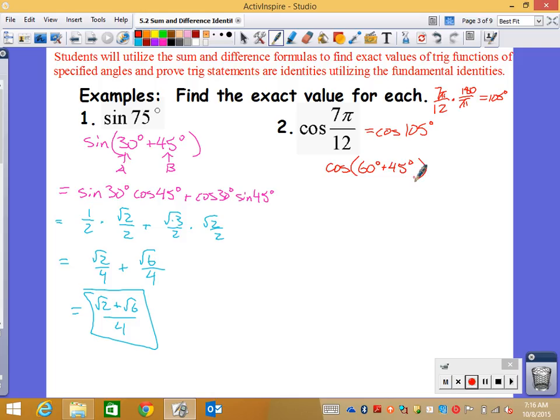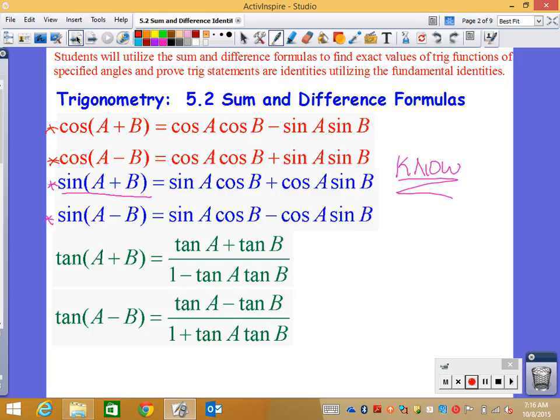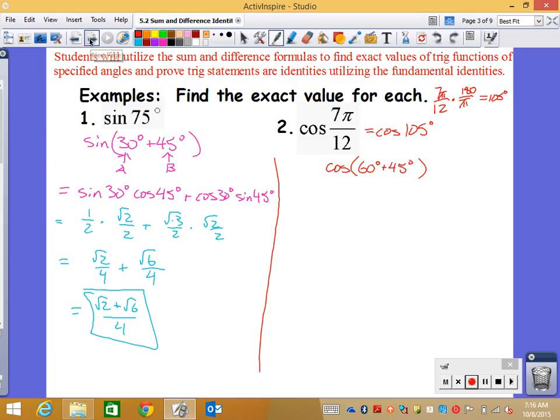They're special triangle degrees, and they add up to 105. I'll make a line so I don't get too crossed up. Using my identity, it's a cosine addition, so I'm using this first one, cosine A cosine B minus sine A sine B. What's A and what's B here? Well, my A is going to be my first angle, 60 degrees. B is 45.